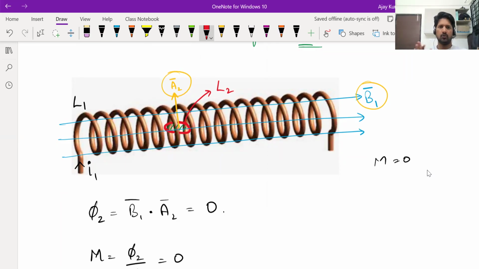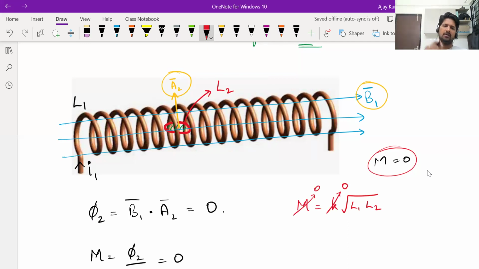But when these two are put together like this, the mutual inductance turns out to be 0. And we know the formula now, mutual inductance is K times root L1 L2. L1 is non-zero, L2 is non-zero, but mutual inductance is 0. That means the coupling constant between them is 0. And it makes sense. None of the flux produced by the first coil is passing through the second coil.